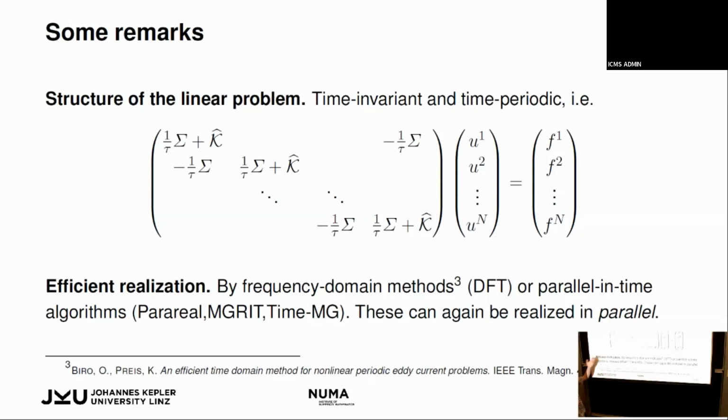So this can be either discretized in the frequency domain, again in this block structure in the frequency space, you solve it and then come back to the time domain, or just apply a parallel in time method to this periodic problem. Indeed, for instance, we will later do a multigrid in time, which perfectly fits in the theory, can be applied in parallel. Okay, and also this idea of using frequency domains, engineers already did this 8 years ago.